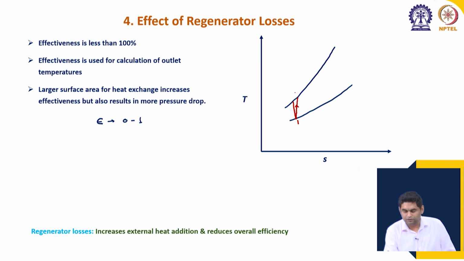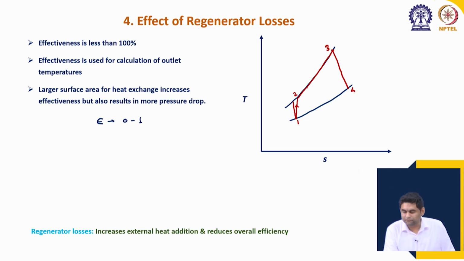1 to 2 is the actual compressor process, then 2 to 5 and 5 to 3 in total will be the regenerator air side plus the combustion process. This is 4.